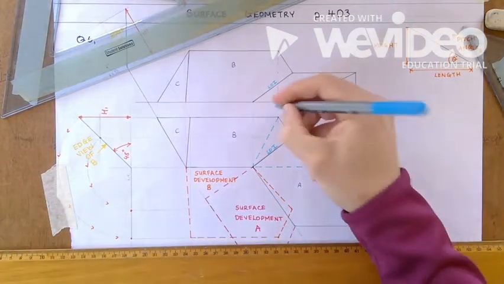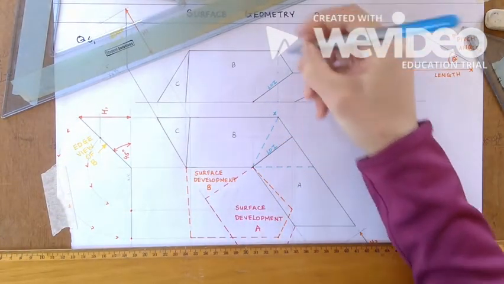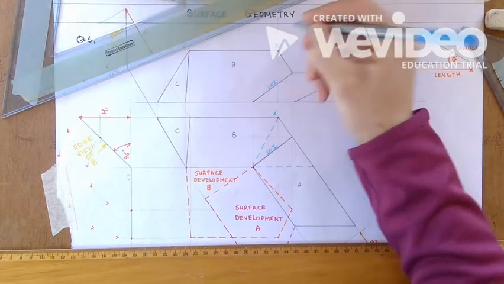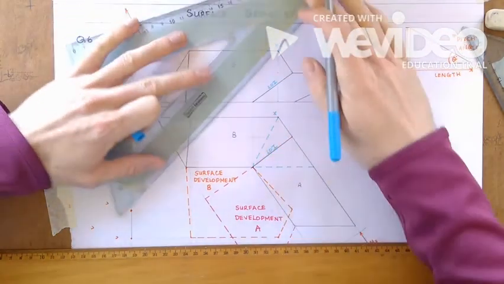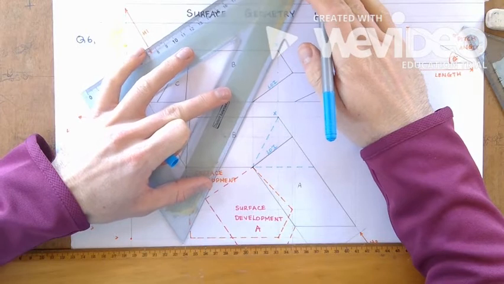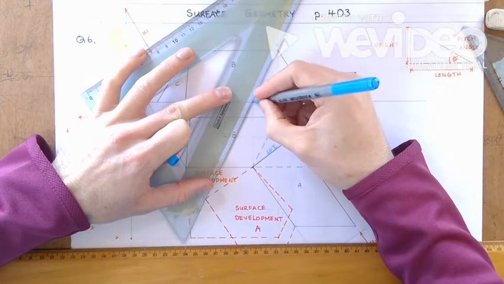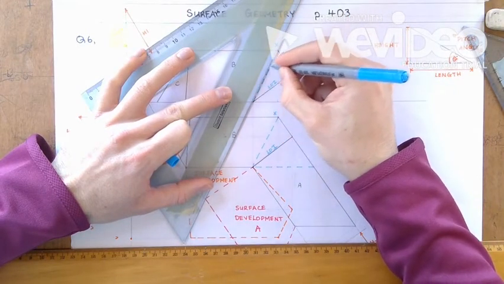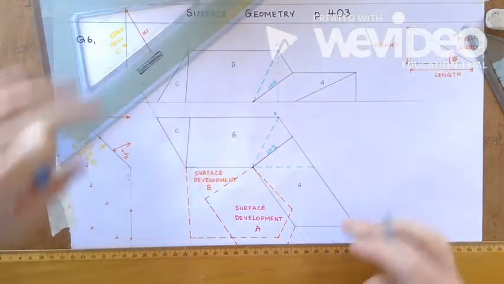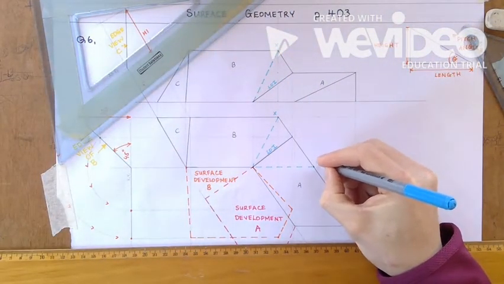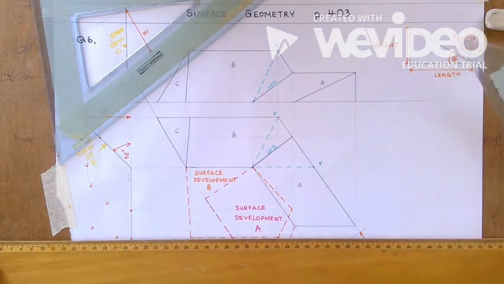So I'm going to label that point there X, which is up there. Join them up in elevation. And then this is going to be called point Y. I'm going to project that up to elevation as well.